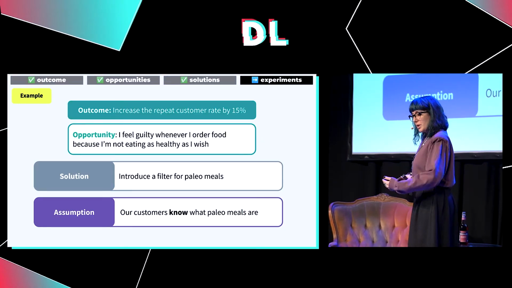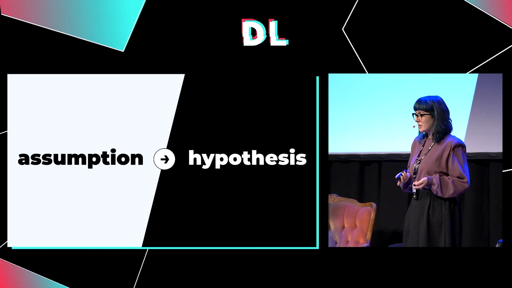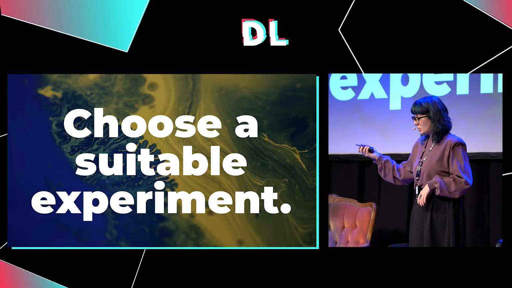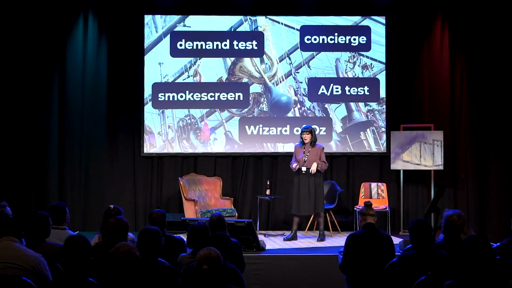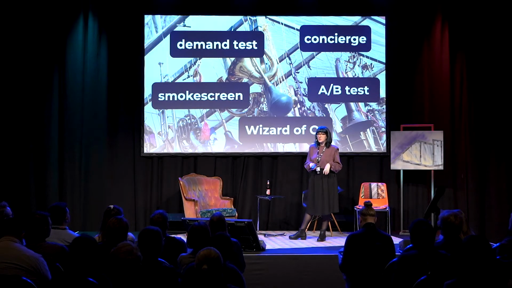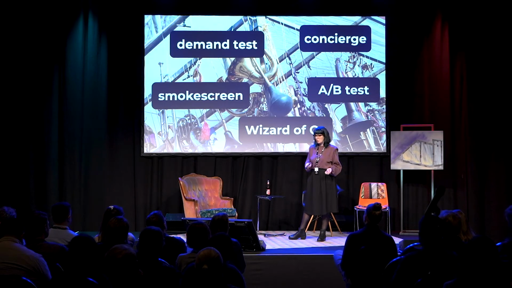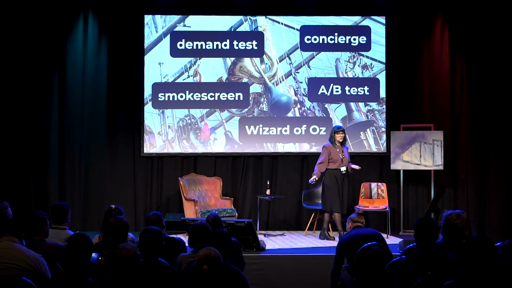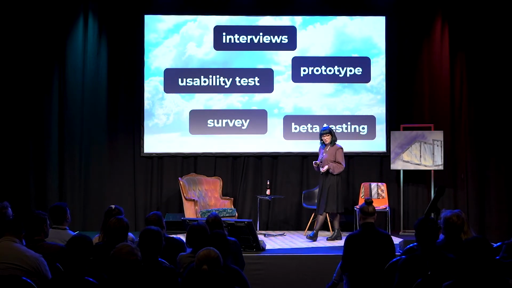And here we are with our solution and assumption, but an assumption is kind of blurry, so we need to transform it into a hypothesis, which will then enable us to choose a suitable experiment based on the risk we are testing for. If you are making a risky assumption about desirability, then a demand test might be appropriate. If you are unsure if users can interact with the interface you are creating, you may opt for usability tests.